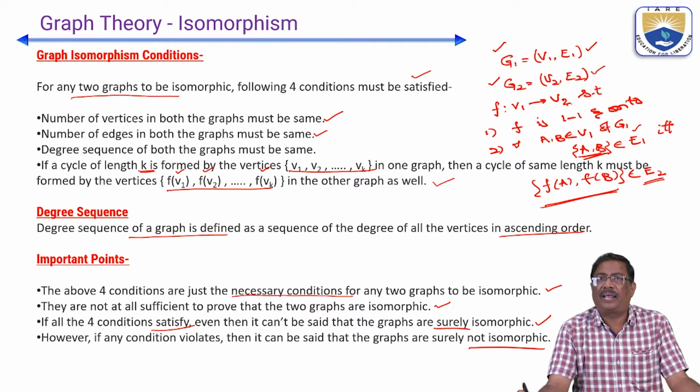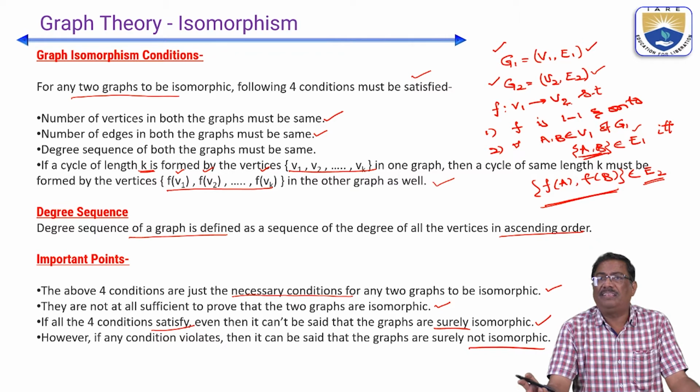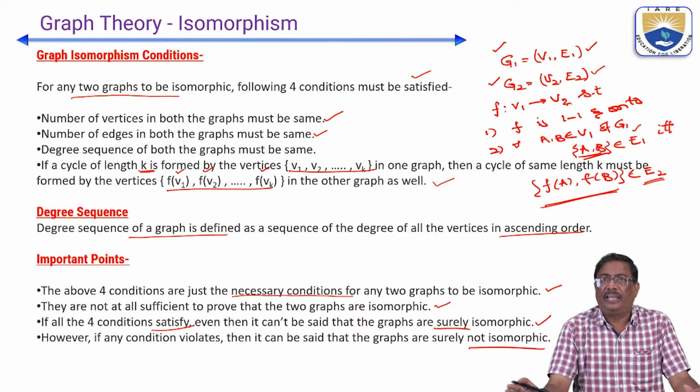If one graph has a cycle formed with the corresponding vertices v1, v2, and so on up to vk, then its images are f of v1, f of v2, and so on up to f of vk in the other graph. With these images, there should definitely be a cycle of the same length k in the other graph. Then we can say that the graphs are isomorphic to each other.